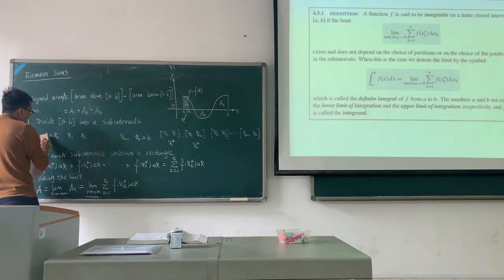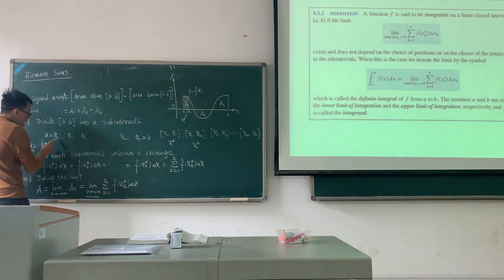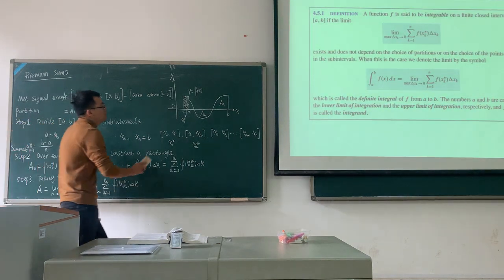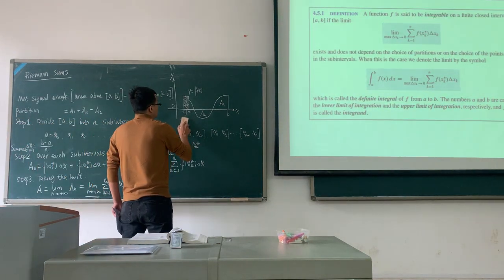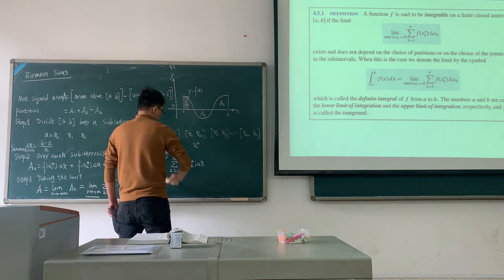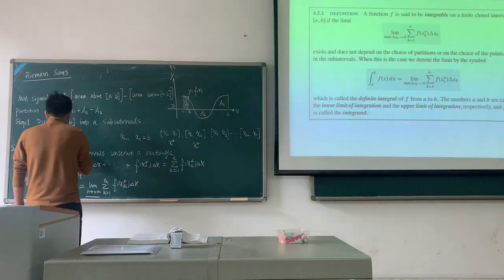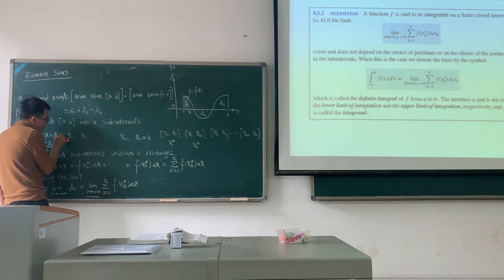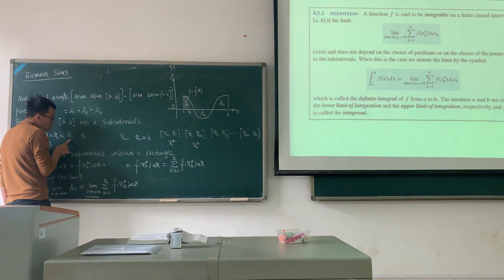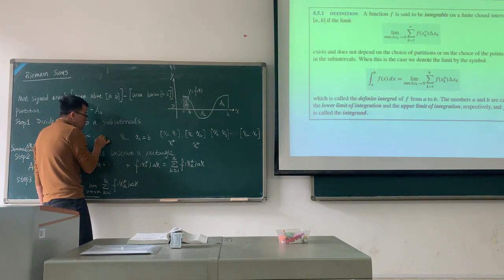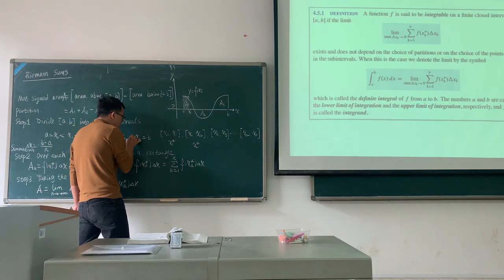So here now we can get the nodes. The first is x0, and the second is x1. So x0 is less than x1, and x1 is less than x2, and so on, less than x_{n-1}, less than x_n.